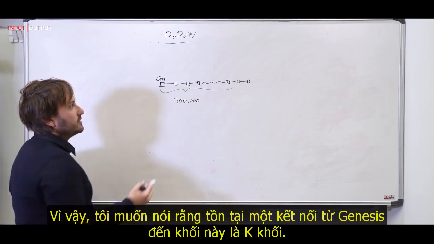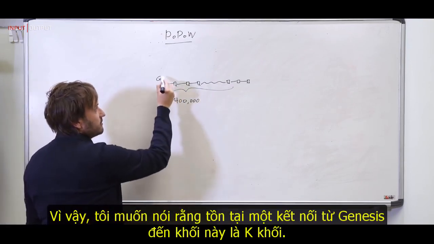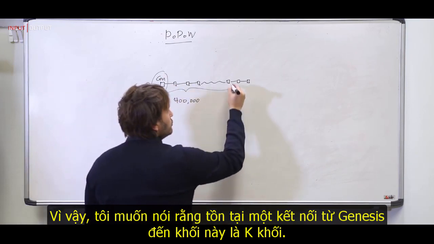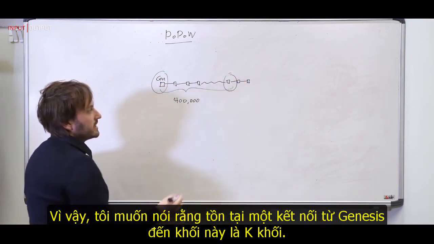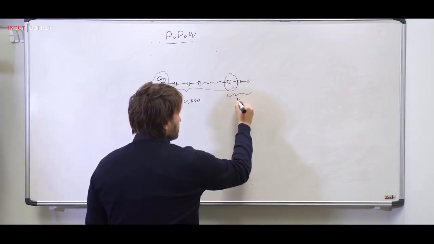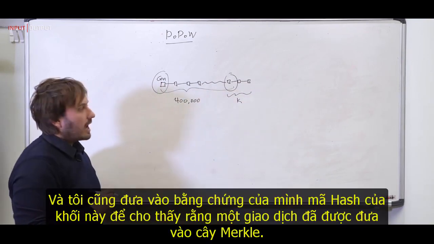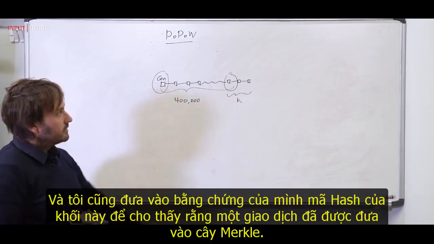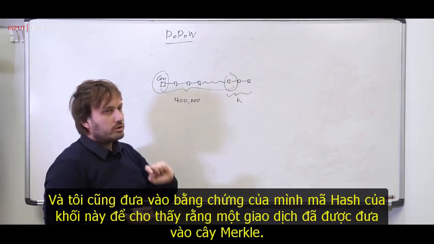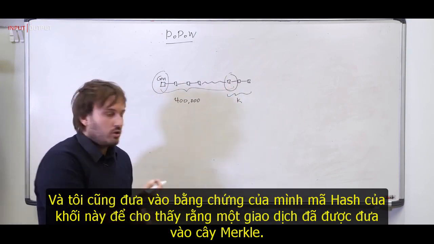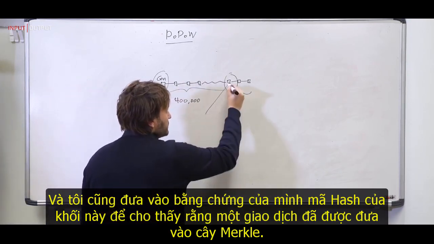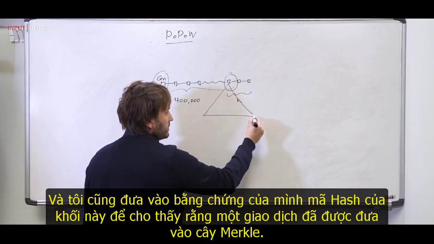So I want to say there exists a connection from Genesis to this block, that is k blocks from the end. And I also want to include in my proof the hash of this block, so that I can show that a transaction was included in its Merkle tree.